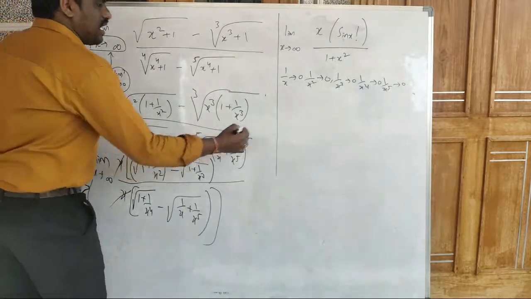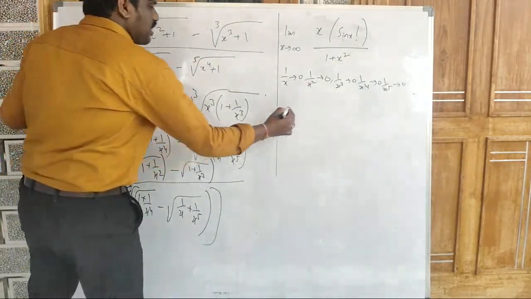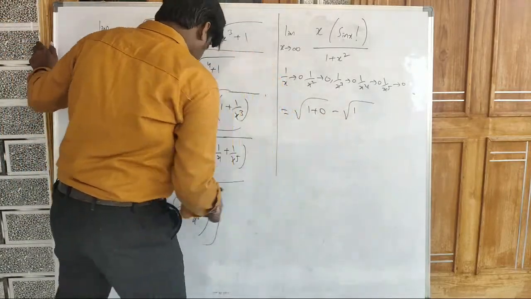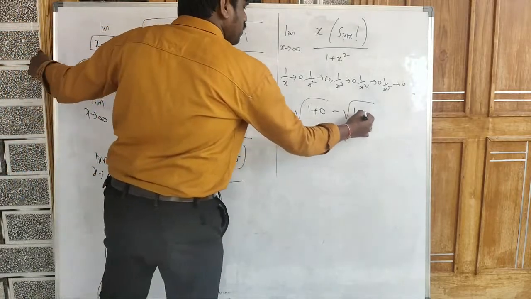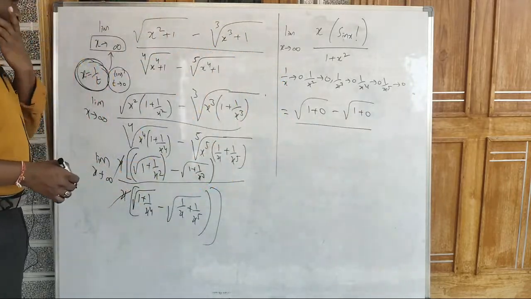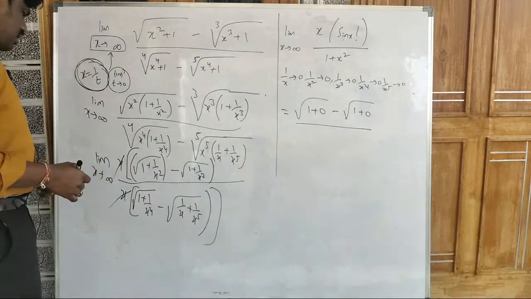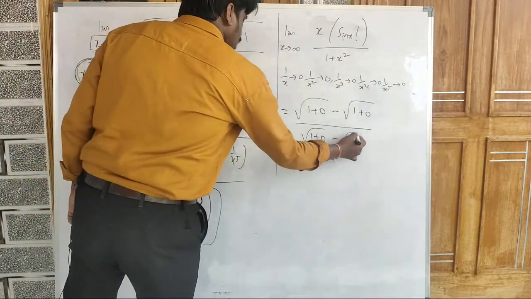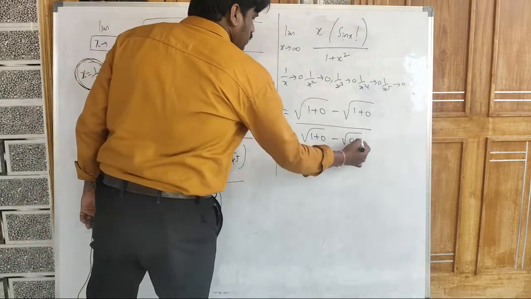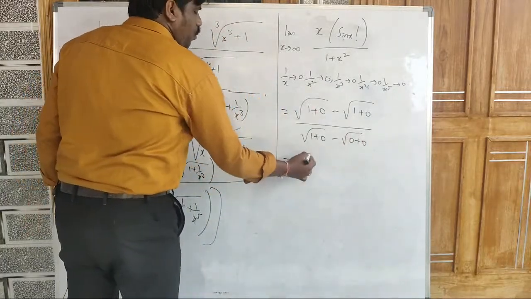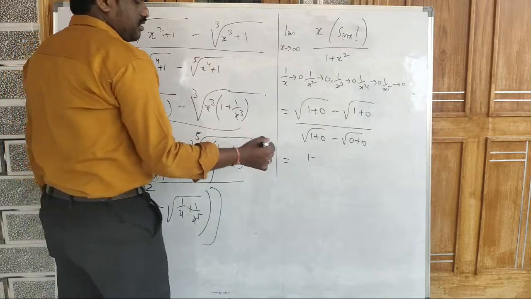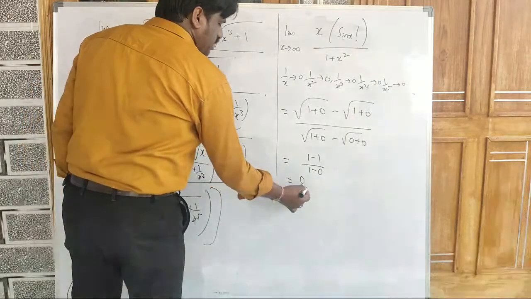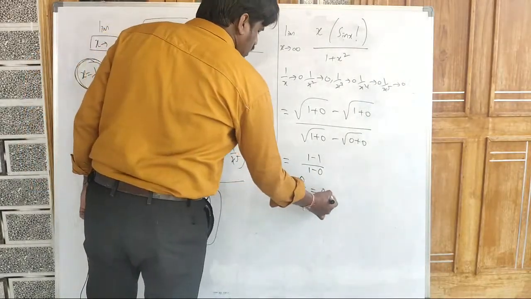So if I separate the limit, I get square root of 1 plus 0 minus square root of 1 plus 0, divided by square root of 1 plus 0 minus square root of 0 plus 0. Finally, I get root 1 minus root 1, that is 1 minus 1, by root 1 minus 0. I get 0 by 1. 0 by 1 is 0, the answer.